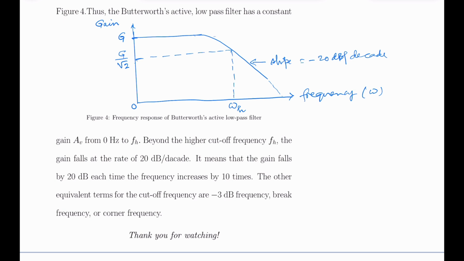It means that the gain falls by 20 decibel each time the frequency increases by 10 times. The other equivalent terms for the cutoff frequency are minus 3 decibel frequency, break frequency, or corner frequency. So this is all about the Butterworth first order low pass filter.